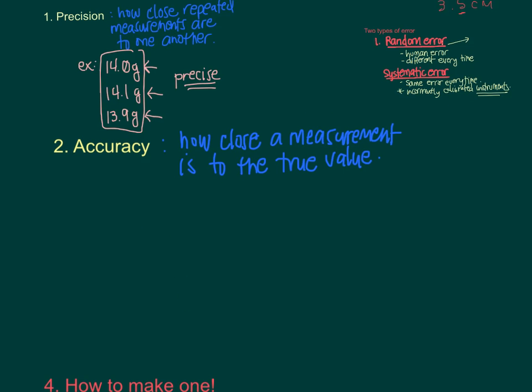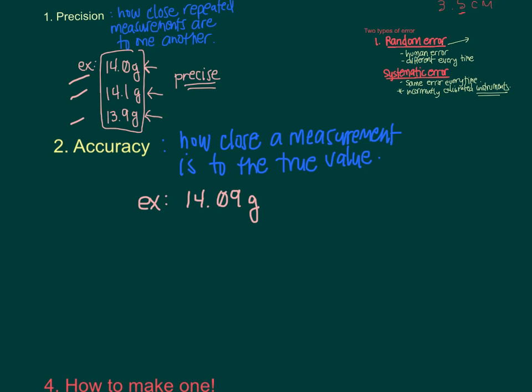Now, accuracy is how close a measurement is to the true value. So let's say I told you that that rock has a mass of 14.09 grams. That's the true value, or the actual mass of that rock. And then you can go back and look at your measurements and say, okay, well, we had 14.1 and 13.9 grams.